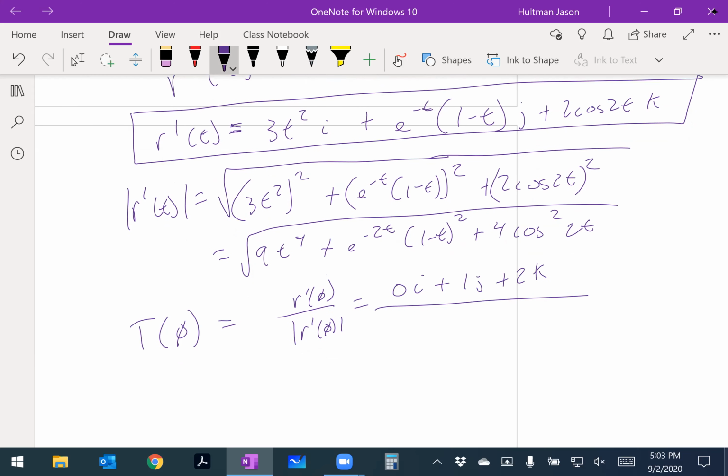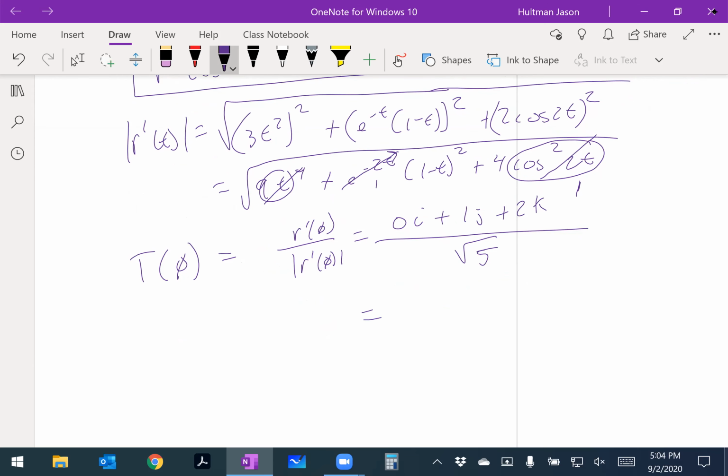We'll plug in 0 for this magnitude. That's going to be 9 times 0, which is 0. This goes to 0, this thing goes to 1, that goes to 1, so that's just 1. This thing goes to 1, and 1 times 4 is 4. 1 plus 4 is 5, so this is just radical 5.